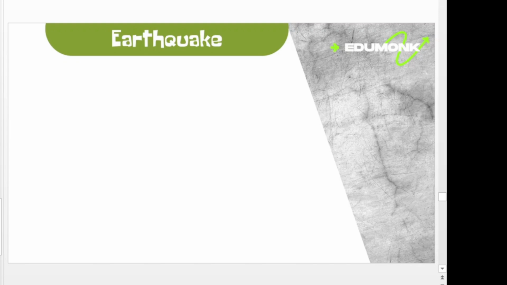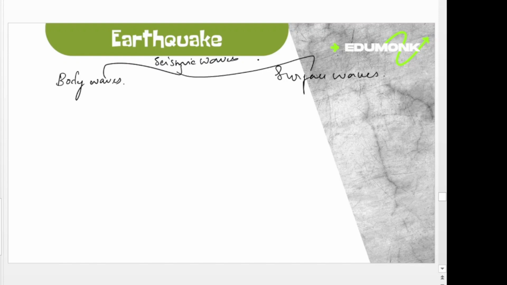First one is body waves. Second one is surface waves. These are seismic waves: body waves and surface waves. These body waves are again classified into two: primary waves and secondary waves.